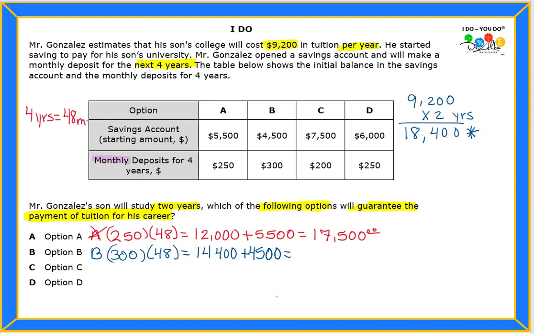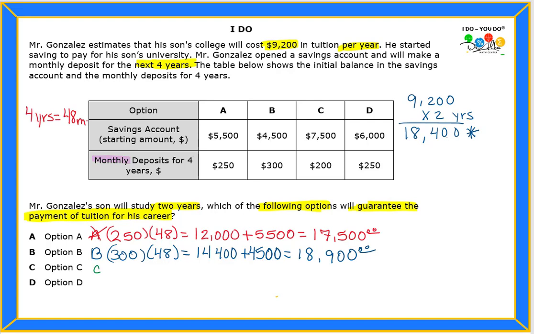So remember, we're going with the option B. So add up 4,500 and we get 18,900. Is that enough? Yes, because he needs 18,400, and this option B will give him 18,900. So that looks pretty much enough, right? But let's go to the next one just so that we can check.